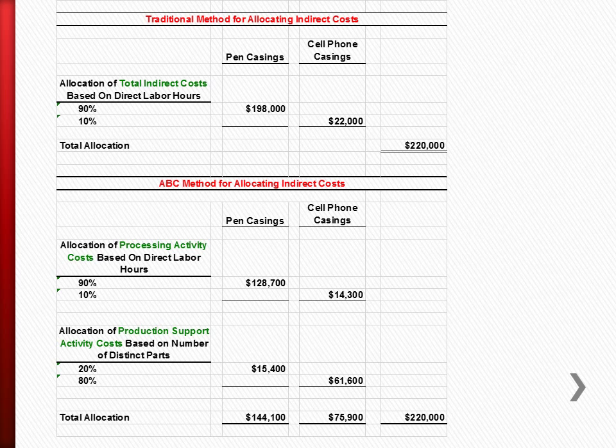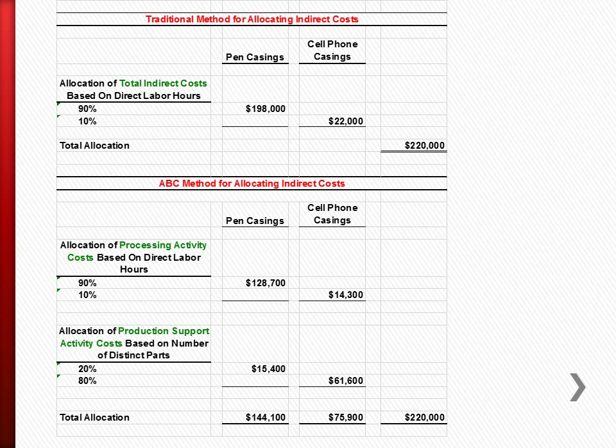Now notice the totals. Under activity-based costing, pen casings were assigned 144,100 total indirect costs versus a much higher number under the traditional method, 198,000. Management accountants would say, well, under the traditional method, we were over allocating indirect costs to pen casings. Therefore, the product line was overcosted under the traditional method.